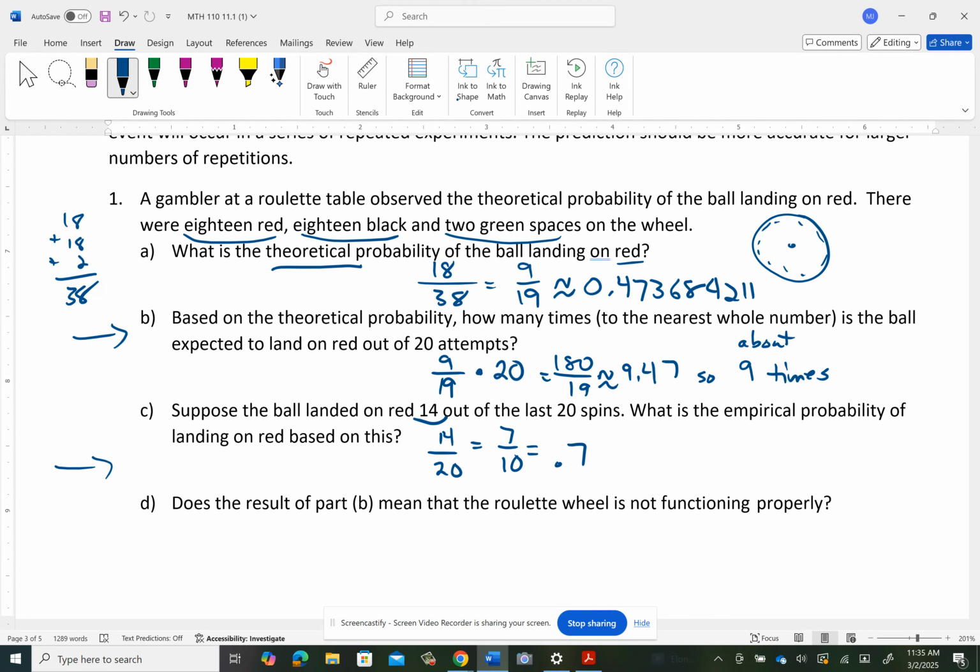Should have said in part C. The fact it landed 14 times out of 20 and we'd only have expected it to land 9 times might make you think there's something wrong with the wheel. But because 20 is only a few times, you would say no, too few spins.